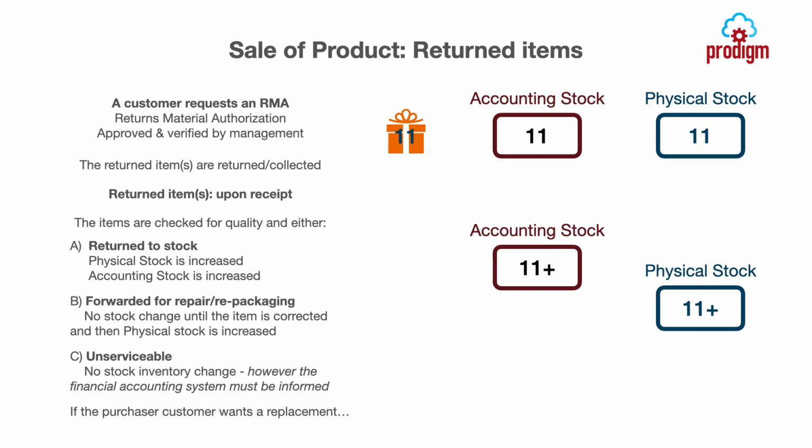If the item goes for repair, maybe in-house, then there are no changes to the physical stock until it comes back into service. And if the device or the product is broken, i.e. unserviceable, then we need to make sure that the financial system is informed, but there are no changes to the stock.